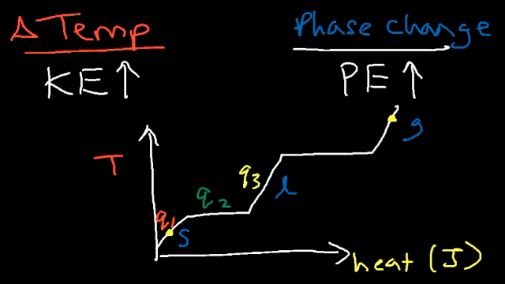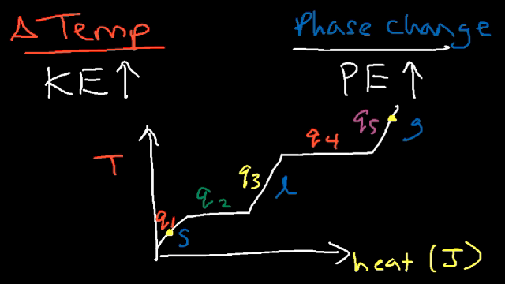Q3 is the energy to raise the temperature of liquid water from 0 to 100. Q4 is the energy required to vaporize liquid water into steam. And Q5 is the energy required to heat up steam from 100 to 250. And so you need 5 Qs in order to go directly from ice to steam.